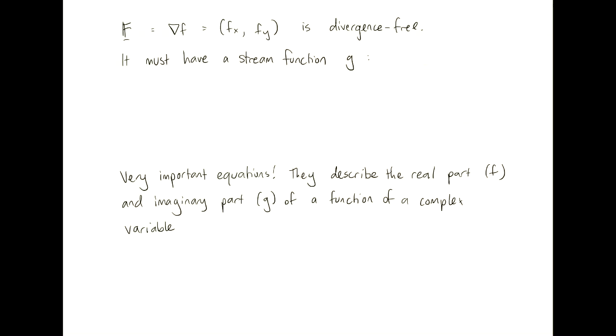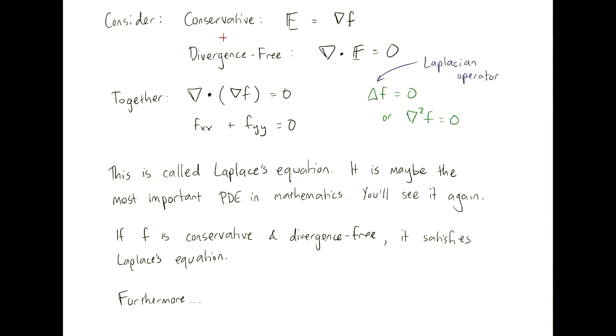So now we've realized that fields that are divergence-free and curl-free correspond to solutions of Laplace's equation. F is divergence-free, which means it has a stream function. So we don't just have f, we also have g.